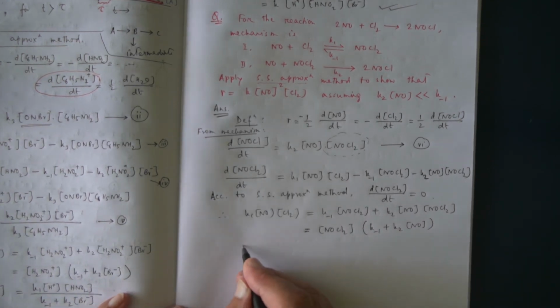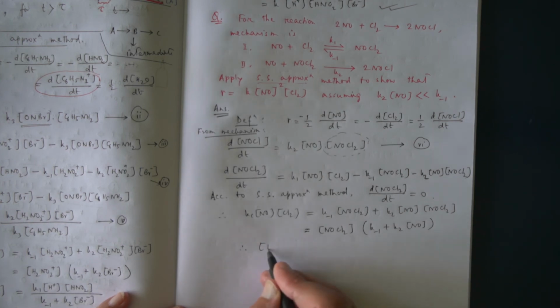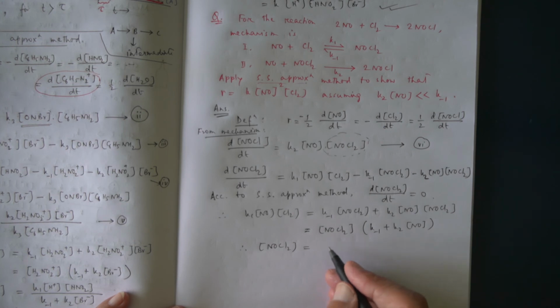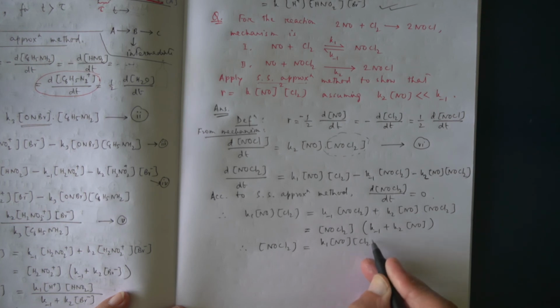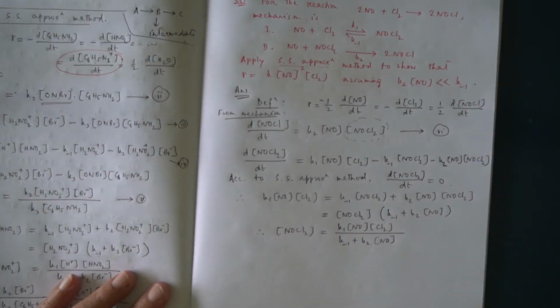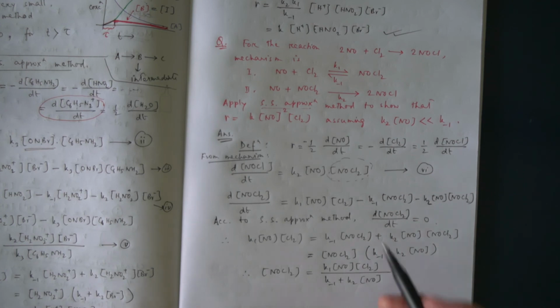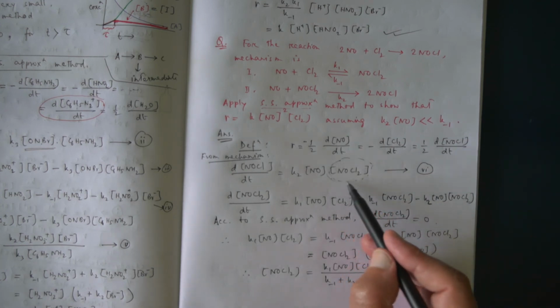Hence [NOCl2] equals K1[NO][Cl2] / (K-1 + K2[NO]). So we have got the value of NOCl2.